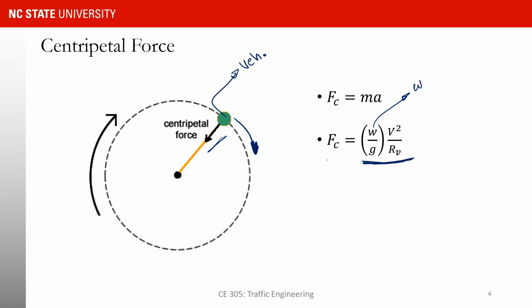W is the weight of the vehicle that we have, or the weight of the object. g is the gravitational acceleration. V is the speed of the object, and R_V is the radius of the curve.